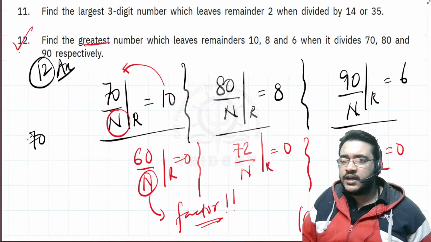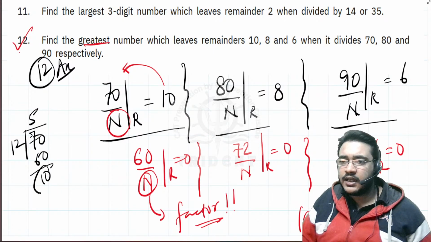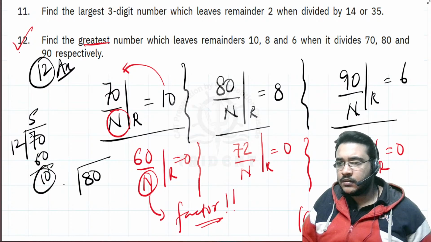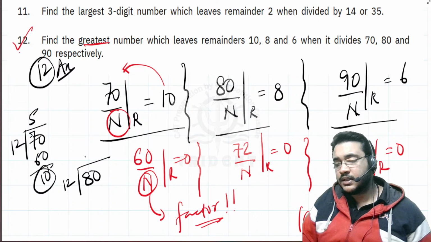If I divide 70 by 12, I get 10 as the remainder. Similarly, if I divide 80 by 12, I know 72 is 6 times 12, so the remainder is 8.